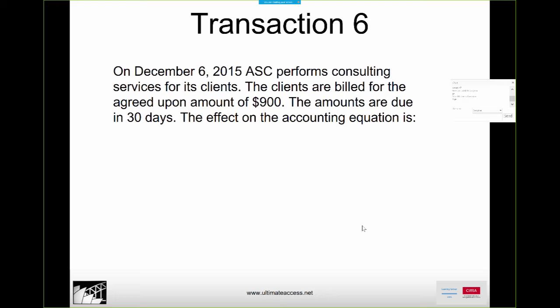Now, what about owner's equity? Will it impact owner's equity, or is there no impact at all? What do you guys think? Will there be an impact or not? So remember what we discussed about the profit and loss.